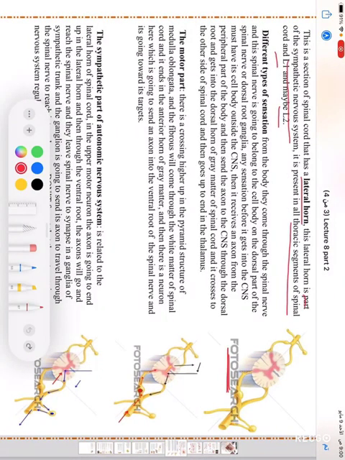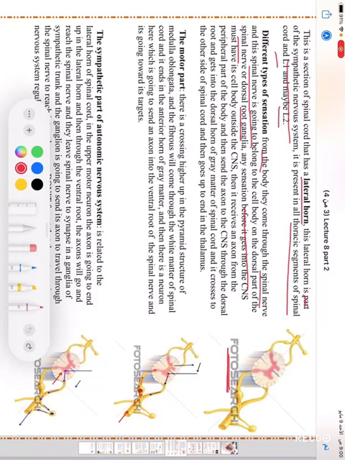Different types of sensation from the body: let us talk about how the process of sensation happens. They come through the spinal nerve, and this spinal nerve brings the sensation from the body it came from to the cell body on the dorsal part of the spinal nerve, the dorsal root ganglia.